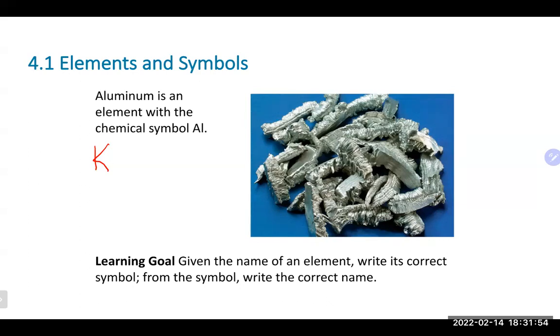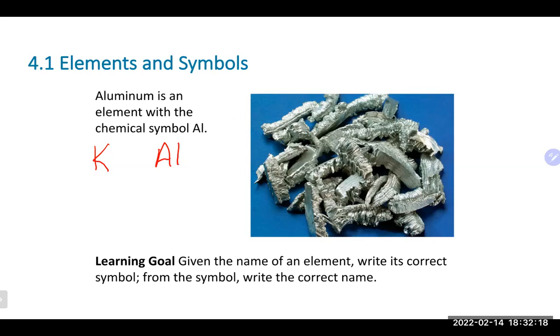If it is a 2-letter symbol, like aluminum, the first letter is capitalized and the second one is not. So those are the rules for the symbols: 1 letter always capitalized, 2 letters, first letter capitalized, second one not. And it's really important to make sure that you do follow these rules.